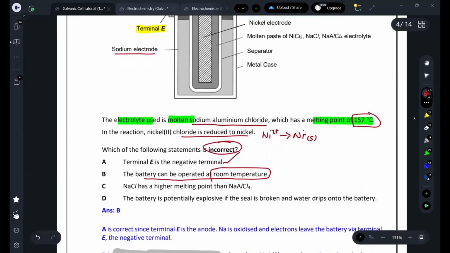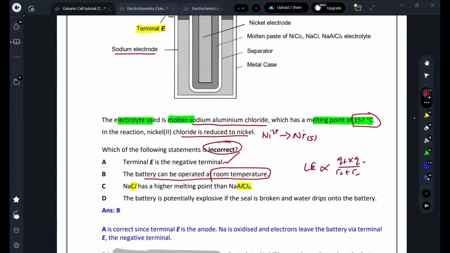Statement C has to do with a little bit of your chemical bonding, whether you remember or not. You see the anion: Cl- is much smaller than AlCl4-, correct? Also remember the lattice energy, the strength of ionic bonds, is directly proportional to Q+ times Q- over r+ plus r-.